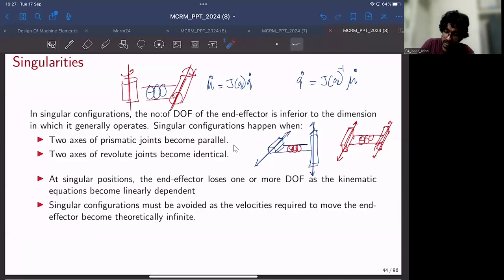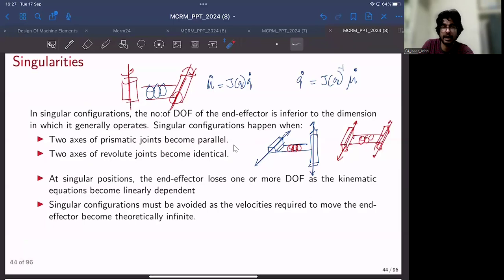And maybe at some configurations, due to the effect of these intermediate joints, these two revolute joints become parallel. So if you rotate this joint or if you rotate this joint, either joint would still give you the same degree of freedom. So again, you would lose that degree of freedom because of the singularity.